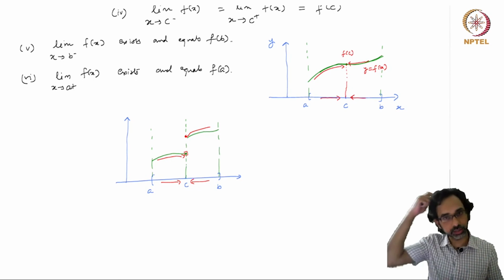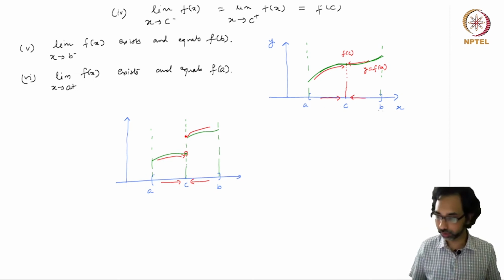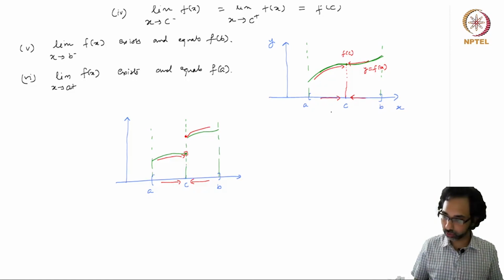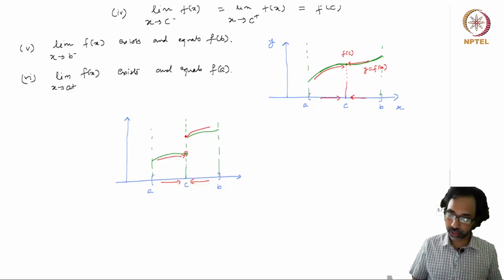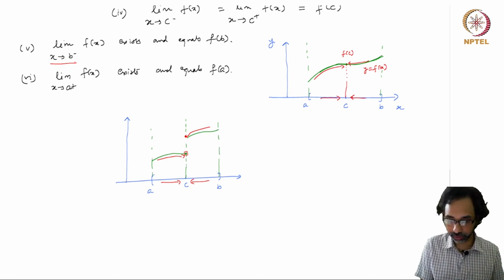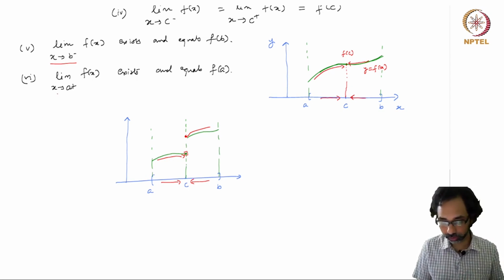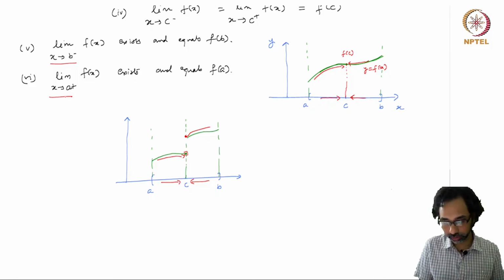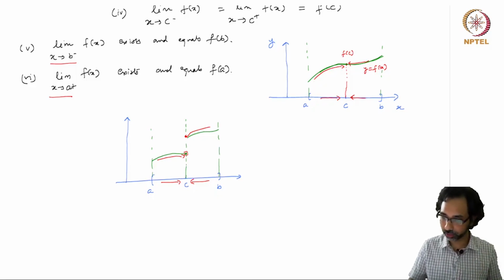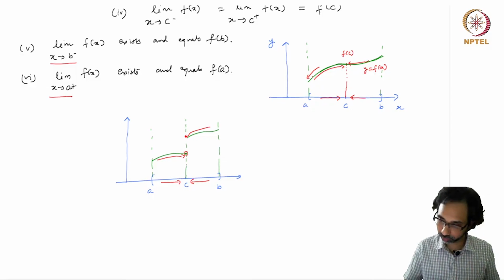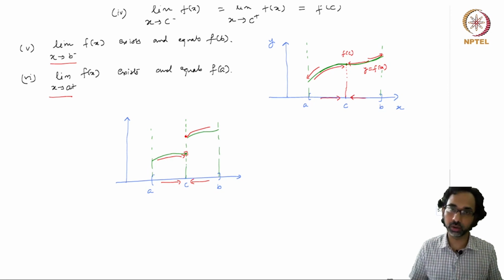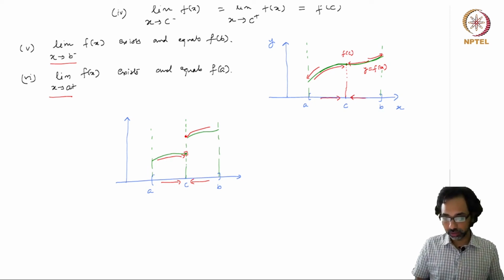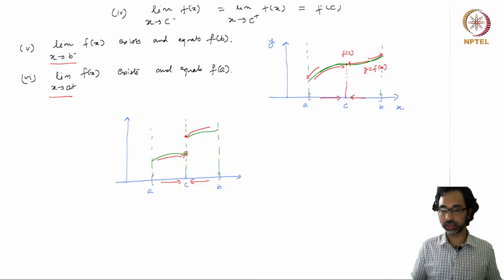So all these six conditions together make a continuous function on the interval [a, b]. Note that when you are talking about the upper endpoint, you are approaching from the left, and when you are talking about the lower endpoint a, you are approaching from the right. Wherever the function is defined, you can only approach from that side. So this is how a continuous function is defined.